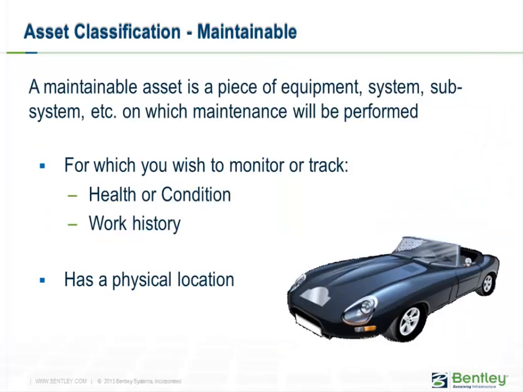An asset that is classified as maintainable is a piece of equipment, a system or a subsystem on which maintenance will be performed. Maintainable assets have a physical location. Its parent is either an organization asset or another maintainable asset. An example of a maintainable asset is a vehicle, a car.